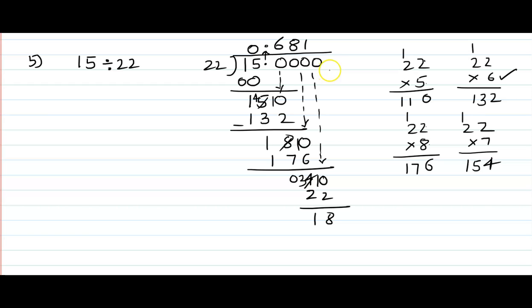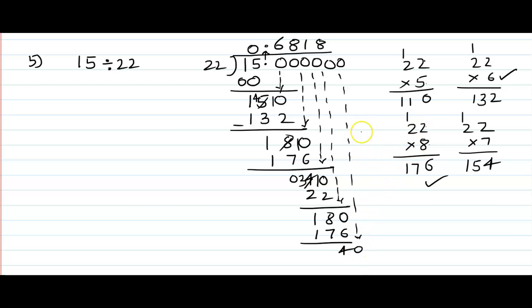Now the next 0 is coming. If you want, you can put more zeros, it hardly matters. So the next 0 is coming here, 180. So 180, again it is 176. So 176, that leaves 4. Then another 0 is coming here, 40. So for 40 again we are going for one time, 22.